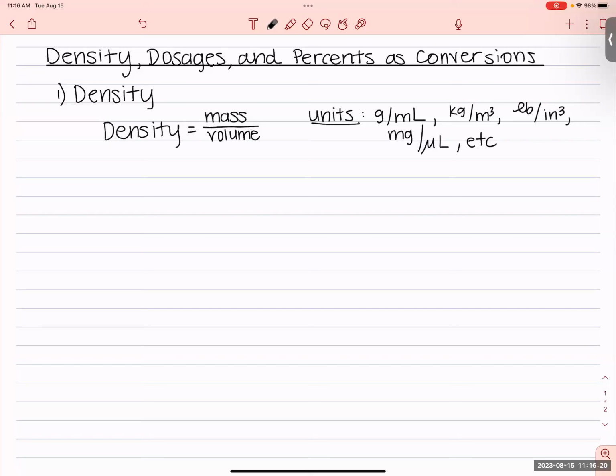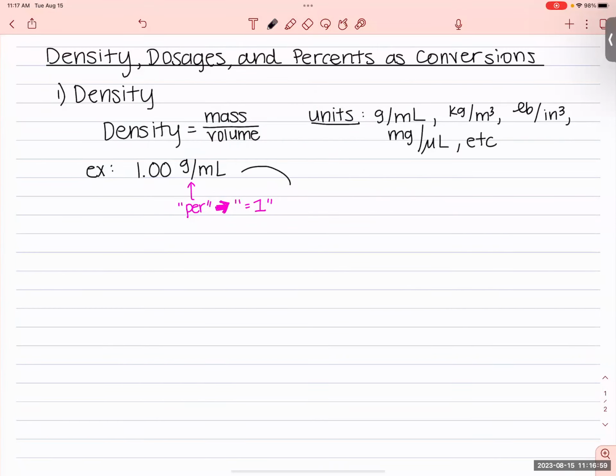So anytime you're given something where you would say out loud the word per. So for example, if I said water has a density of 1.00 gram per milliliter, when I would say this word here, per, I want you to think of restating it in your head as equals 1, because then you can turn it into an equality from that.